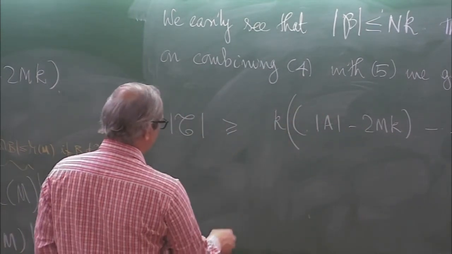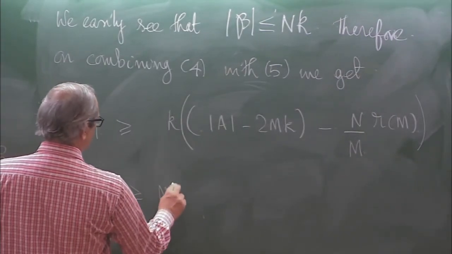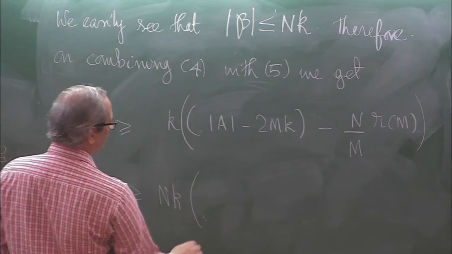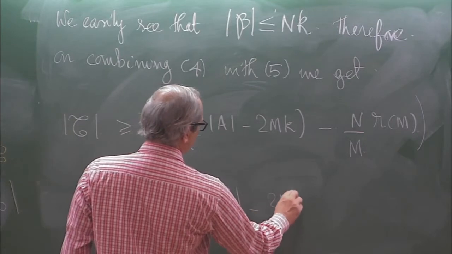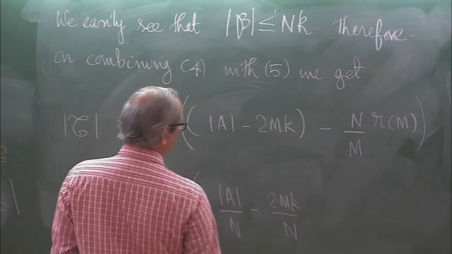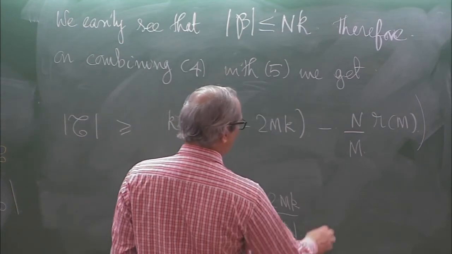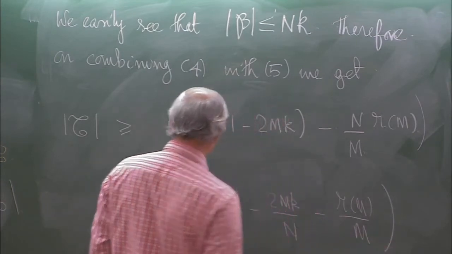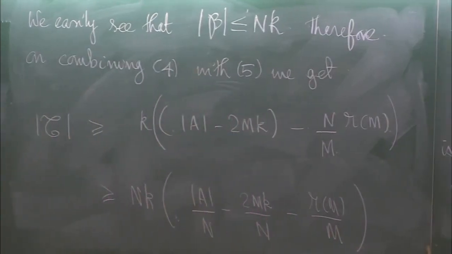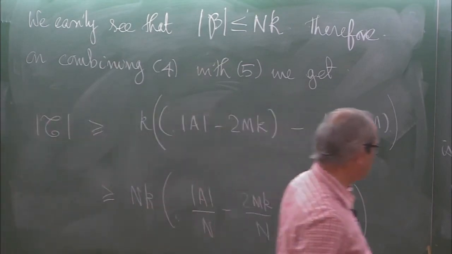Now I'll even remove the n outside, so I'll get n times k times cardinality of A by n minus 2mk by n minus Rm by m, minus Rm by m. Okay, am I making a mistake? No, so far I think I'm not goofed, and now I should get the answer.